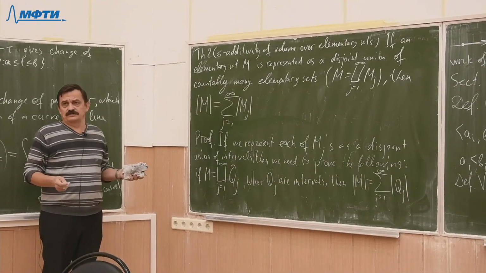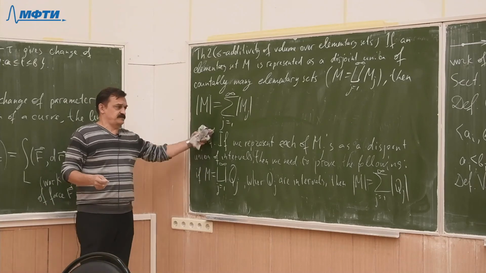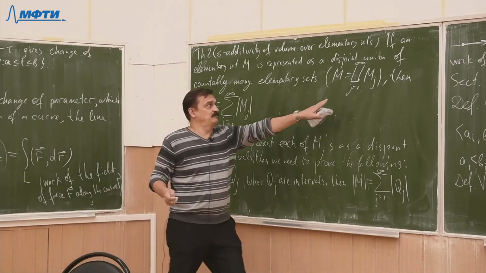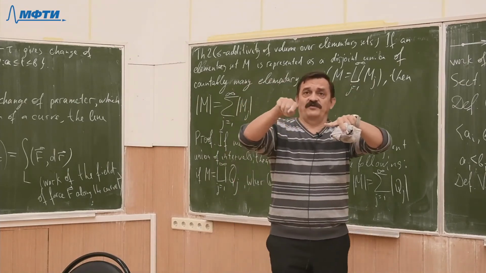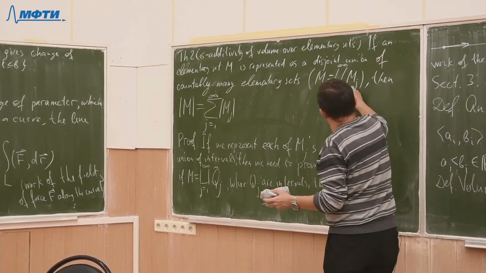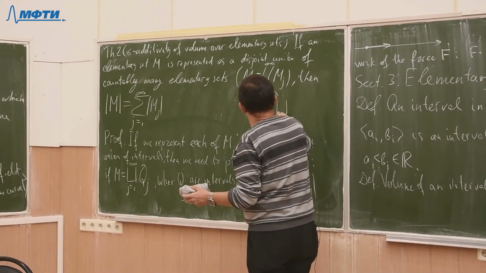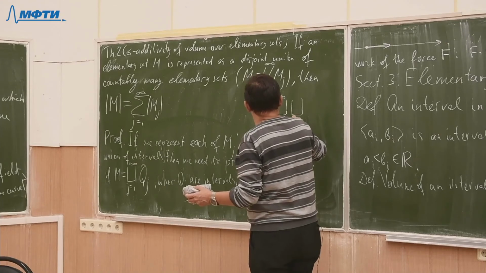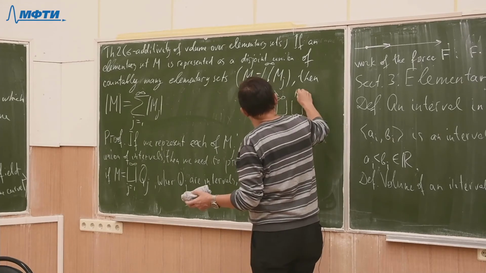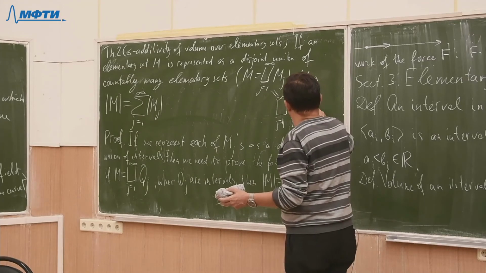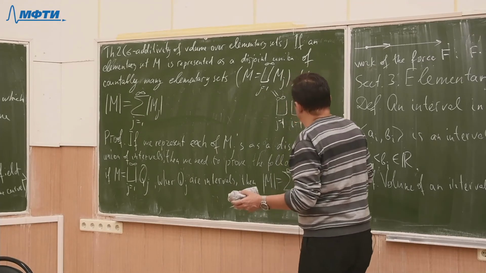Practically, you don't need to prove this sentence. Why? Because if you represent Mj as a finite union, then altogether, look what you have. You have a union, then here you have the union over i from 1 up to, let's say, nj, and here you have Qij's.